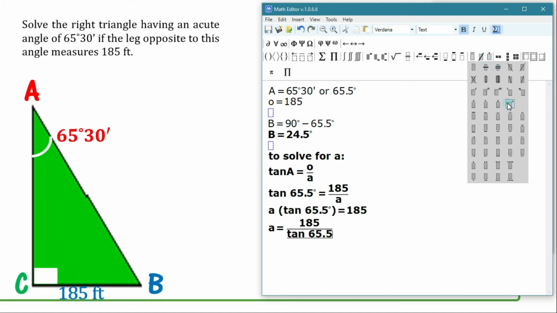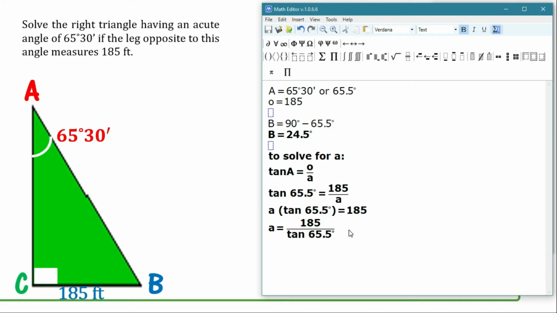Okay? And then, since we already have this one, so pwede na po nating i-solve si A. So that's gonna be A equals 185 over, so ang hanapin muna natin is the tangent of 65.5. What is the tangent of 65.5?